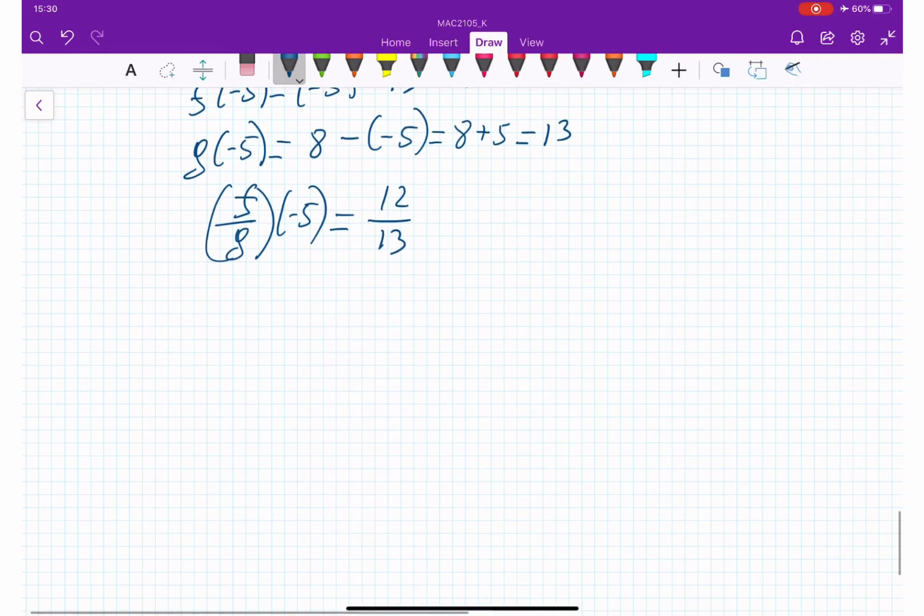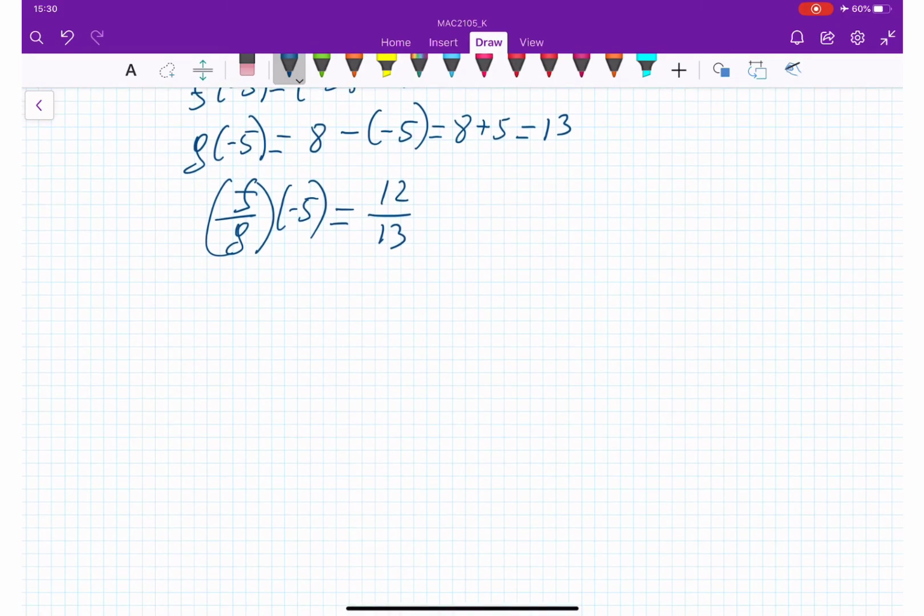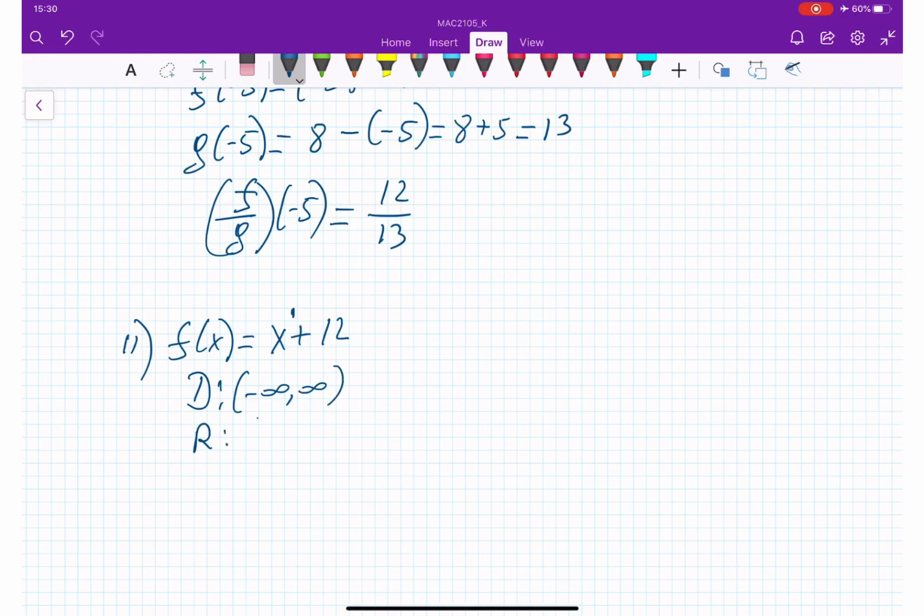Now we need to find out the domain. f of x is equal to x plus 12. Remember what I said, since everywhere degree 1, then the domain is going to be negative infinity, positive infinity. Accordingly, the range is going to be negative infinity, positive infinity.